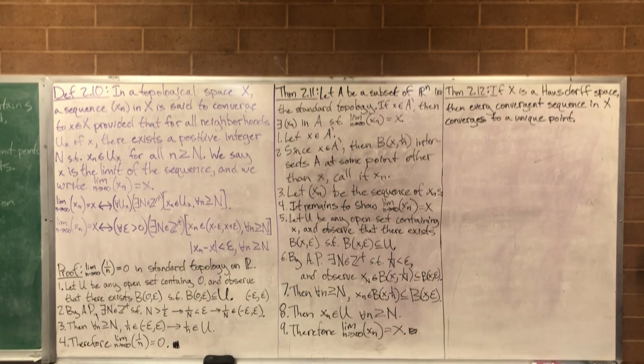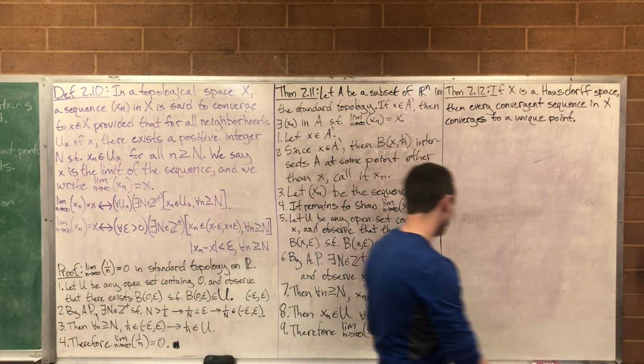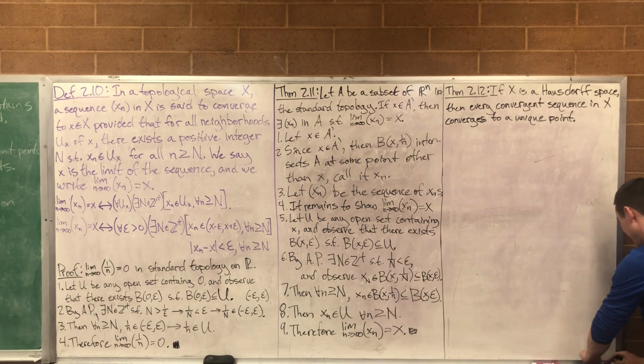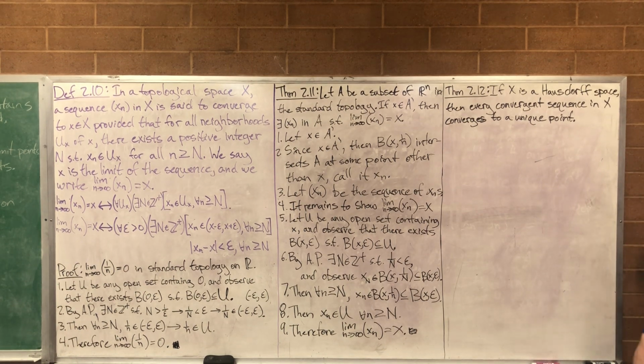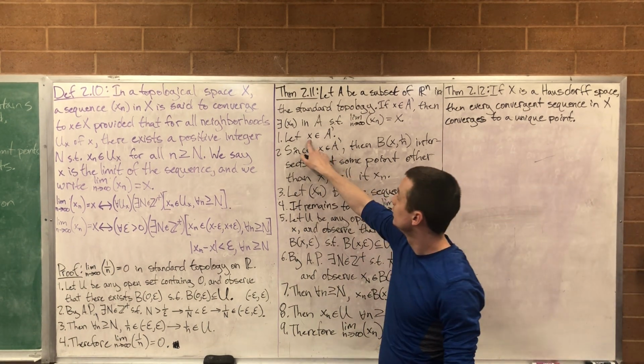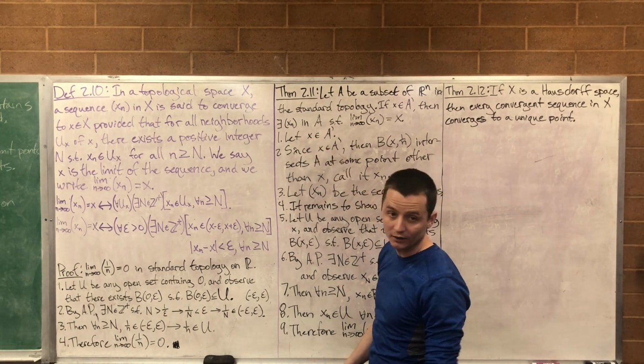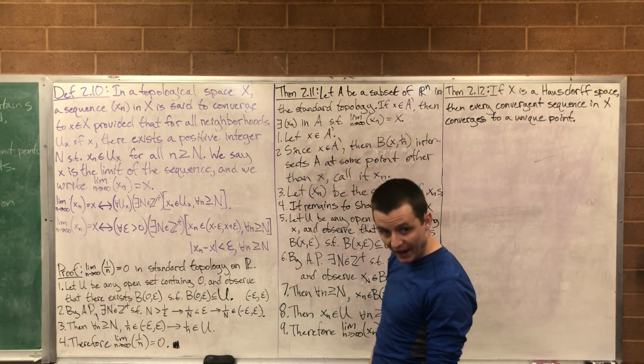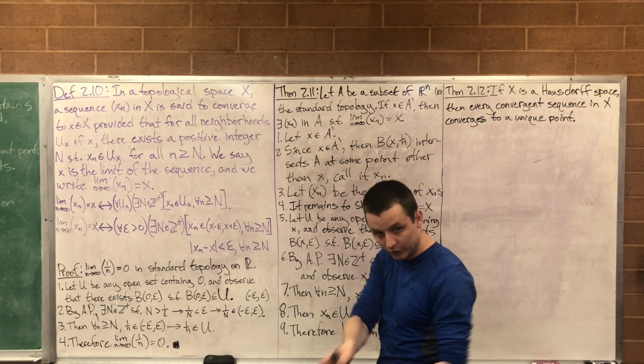I think so. Perfect. Okay, so we just showed that in the standard topology, a point being a limit point of a set is the same thing as there existing a sequence in the set that converges to that point.